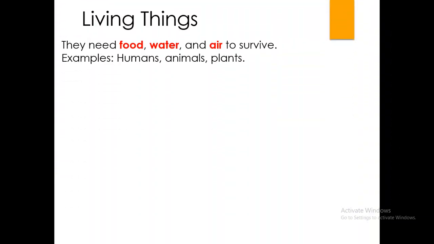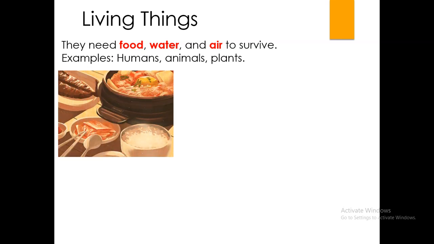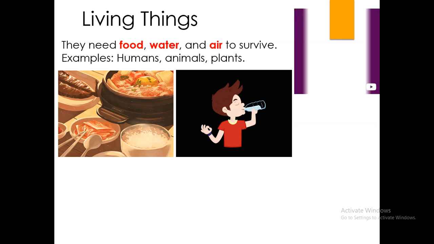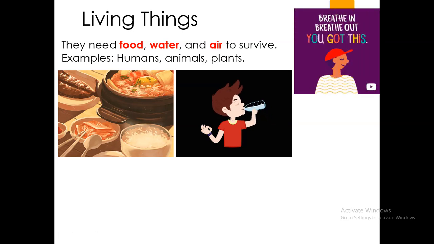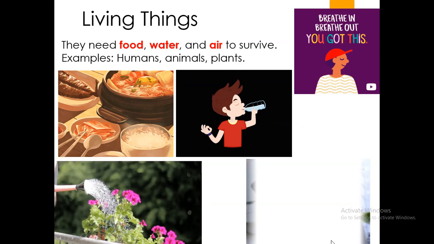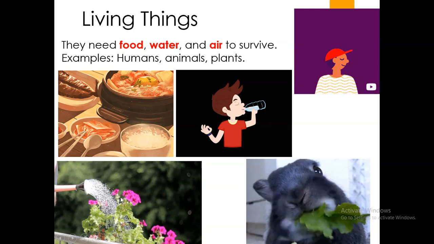Living things, like humans, also need food. Look at this picture. We need food, water. What else do we need? We need air to breathe. So all living things, not only humans, animals and plants too, need food, water and air. Look at plants here.